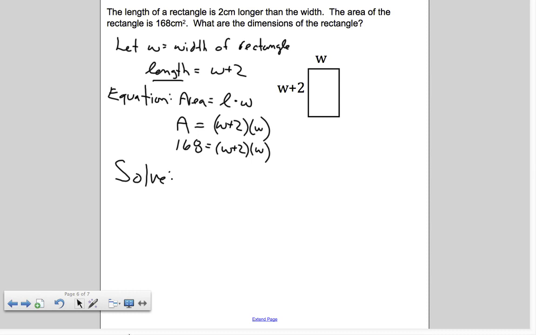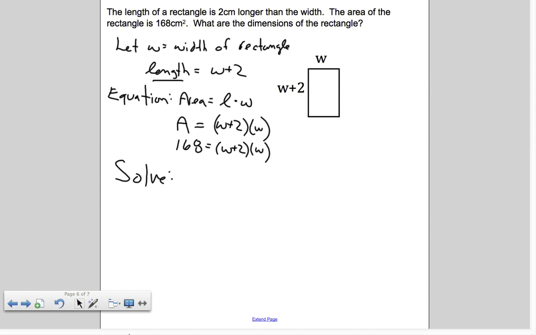Sabrina? Make it 2w plus 2w. Sorry, 2w plus 2w? I can't see it. This is 168 equals w plus 2 times w. I think that's right. So what is it? 2w plus 2.